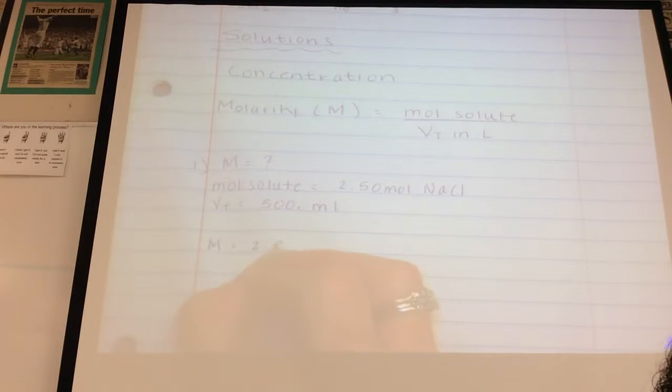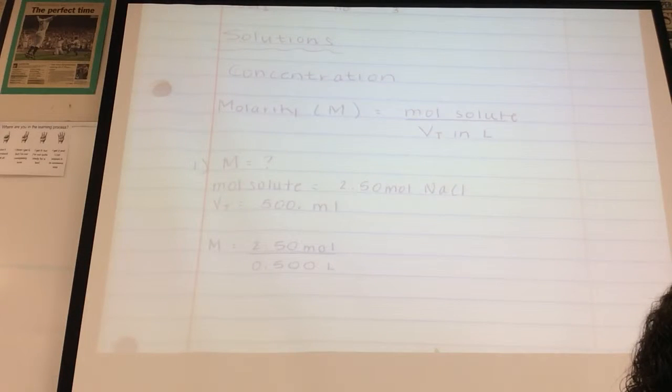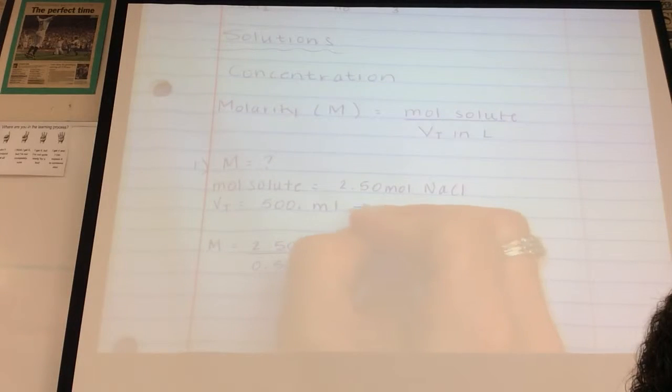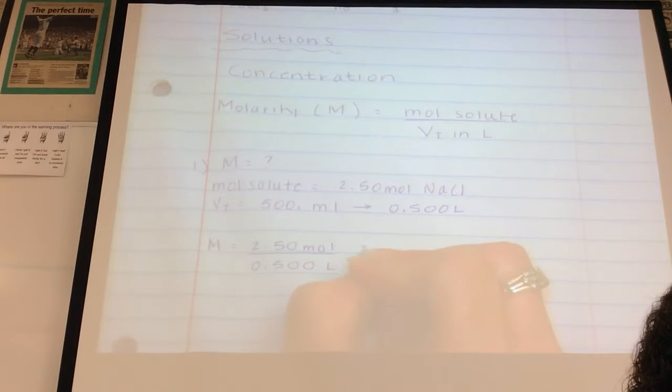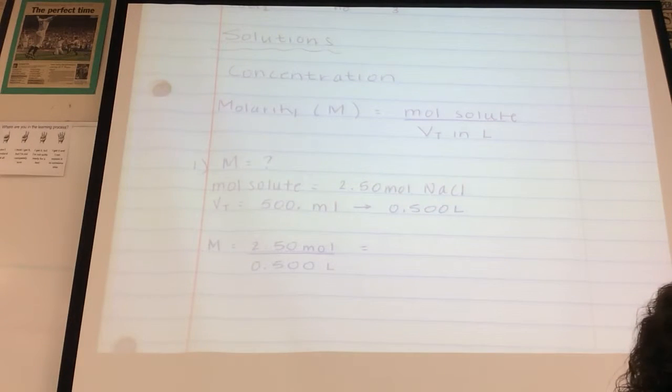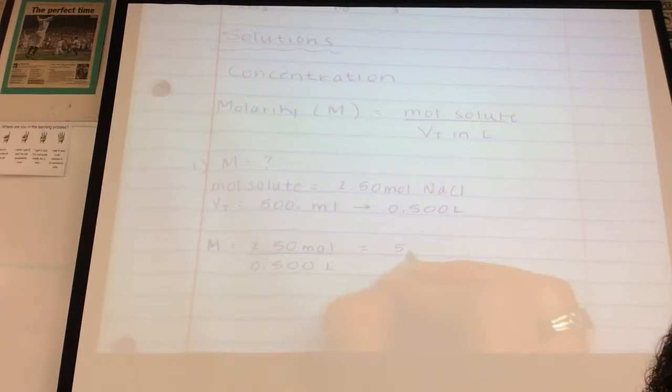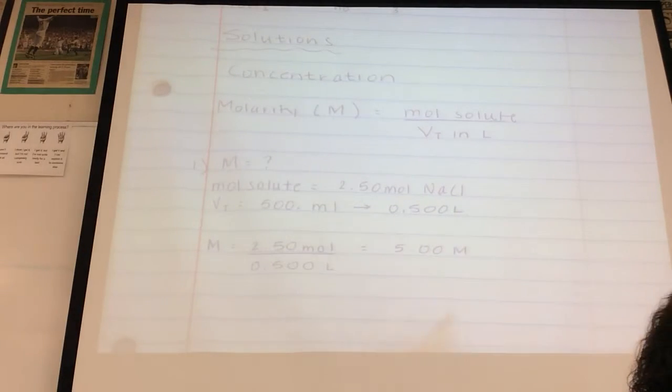Is 2.50 moles over 0.500 liters. Remember, mL to liters, move the decimal 3 to the left. That should be 5. Watch your sig figs. 5.00 molar.